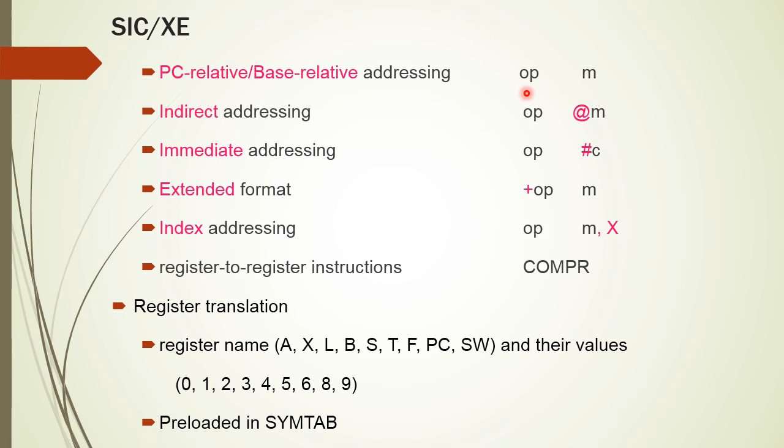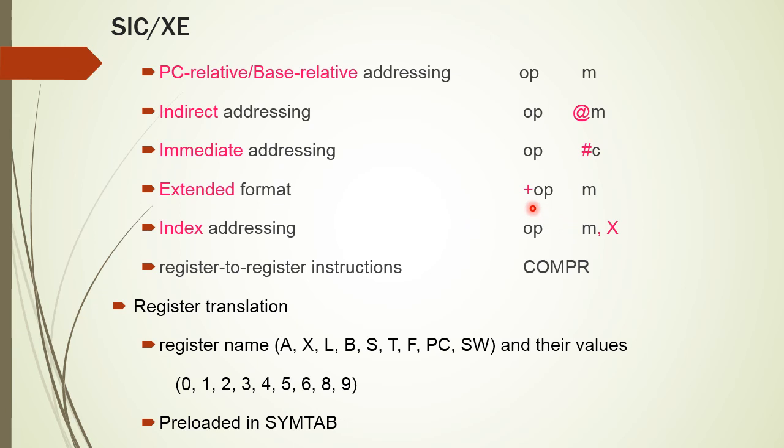If the instruction is an opcode followed by an operand, it belongs to format 3, in which case the displacement can be calculated either by PC relative or by base relative. If the instruction is of the form opcode followed by @ and then operand, it is indirect addressing mode. Opcode followed by hash followed by an operand is immediate addressing mode.